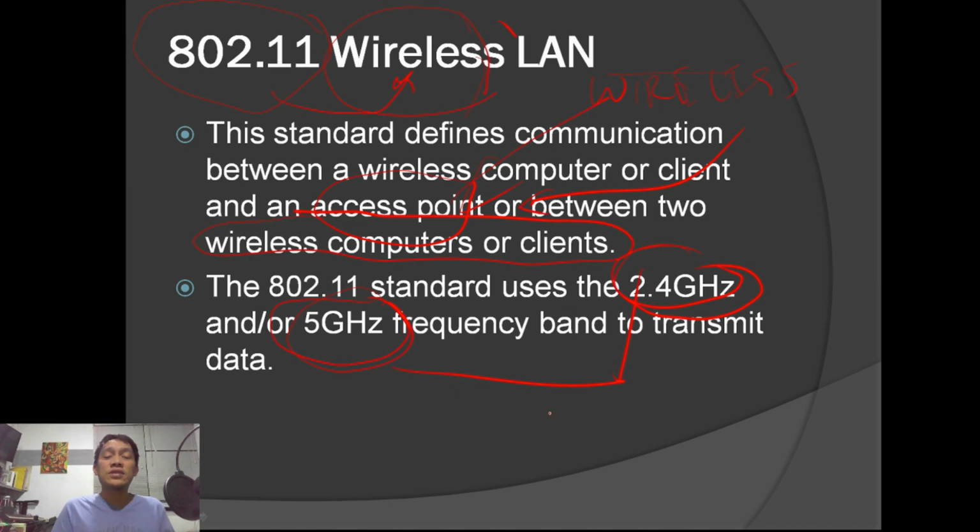It is called dual band because your access point or your wireless device can operate on both the 2.4 and the 5 GHz 802.11 standard.